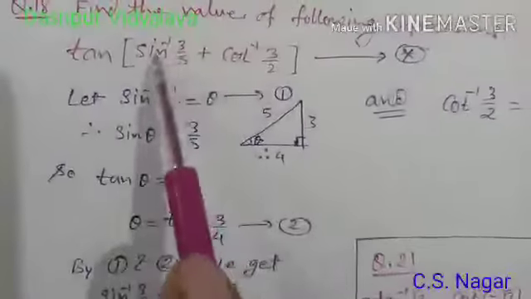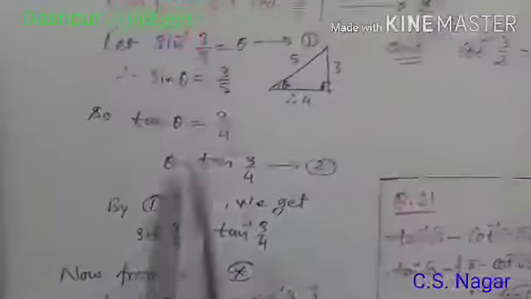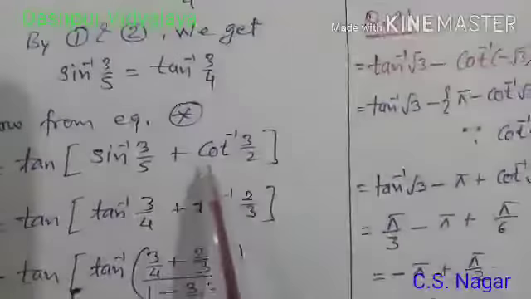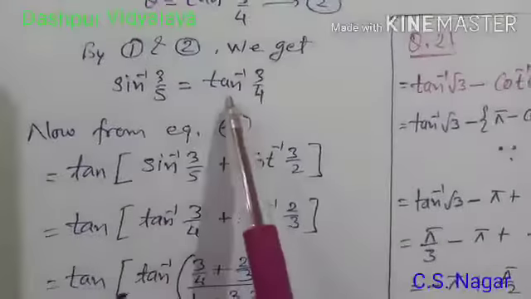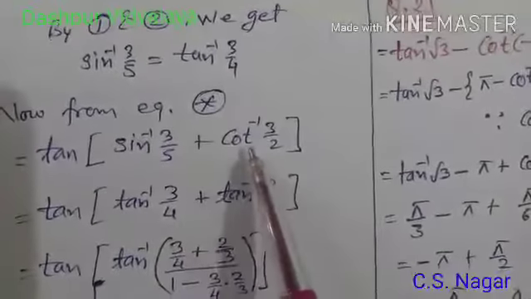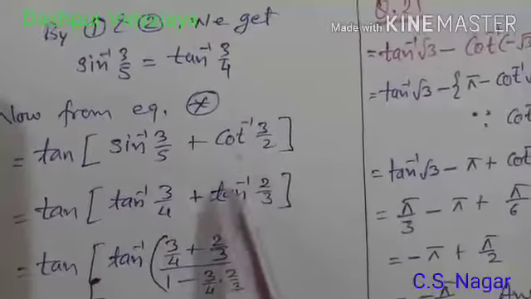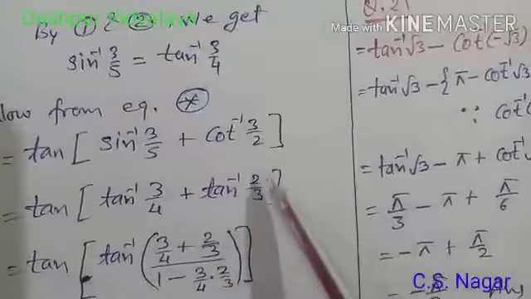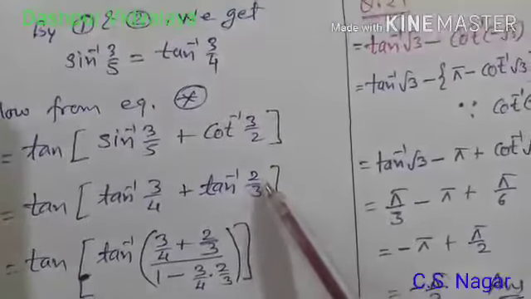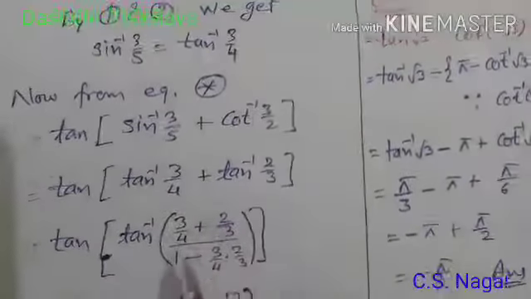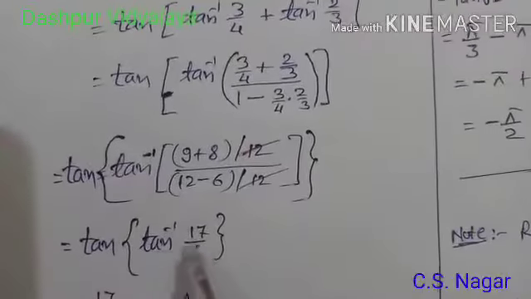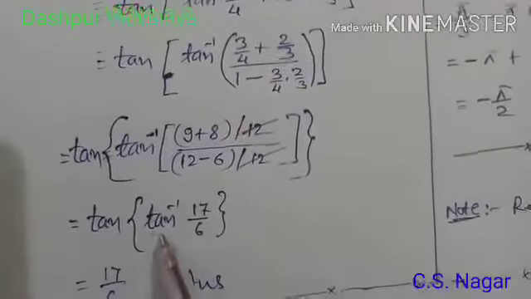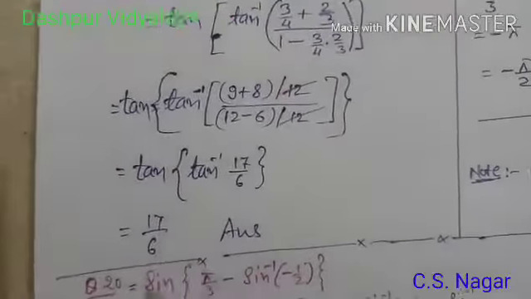So in the expression, in place of sin inverse 3 upon 5, write tan inverse 3 by 4, and in place of cot inverse 3 by 2, write tan inverse 2 by 3. Tan inverse x plus tan inverse y, use this formula and you will get tan inverse 17 upon 6.